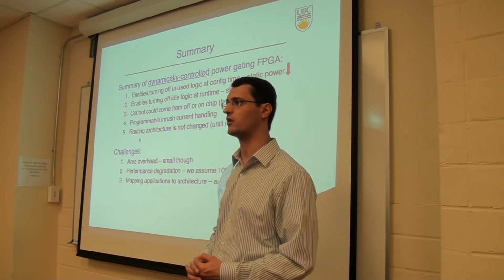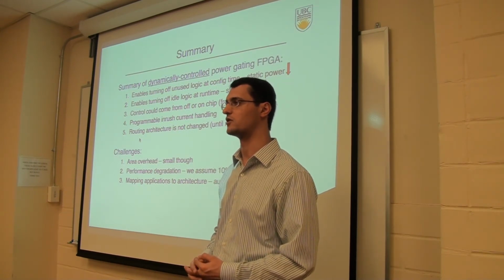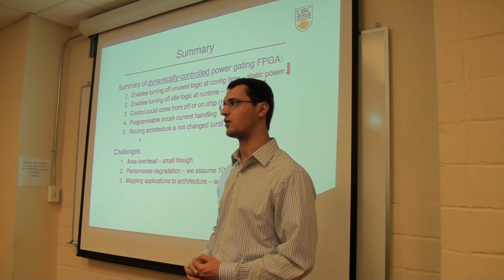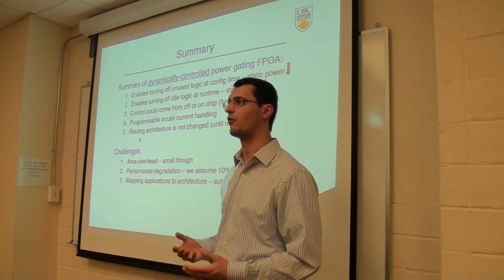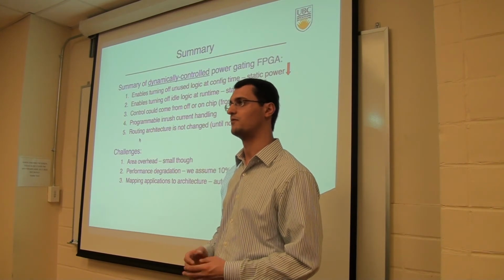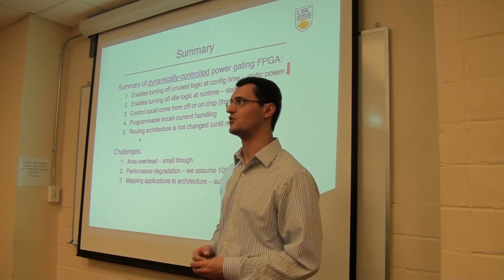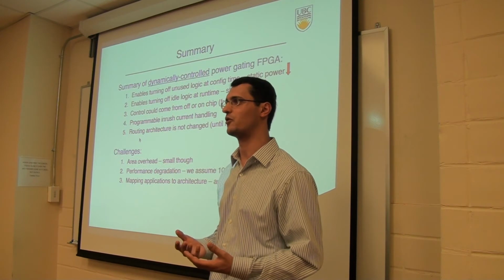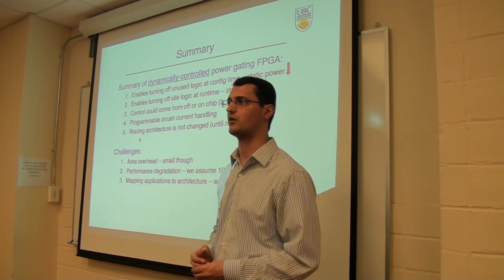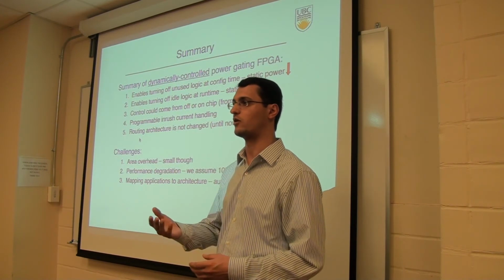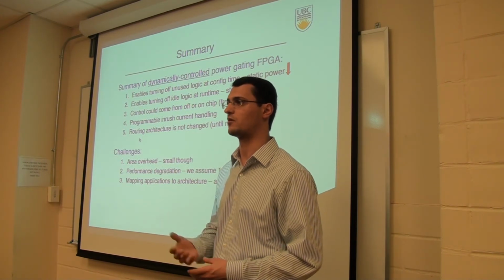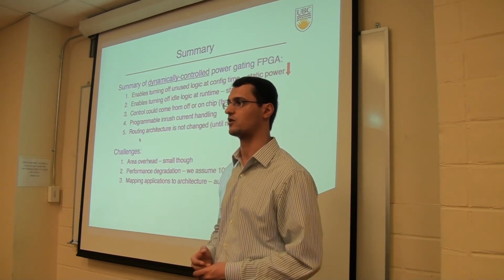What is usually done in FPGAs is that they use thick oxide and increase the length of transistors so that the leakage power of these components is very small. So we assume we don't gate these components, because they consume low static power. But you are right, if they consume a lot of static power, it makes sense to power gate these components as well.